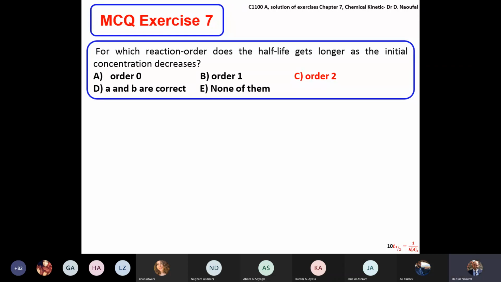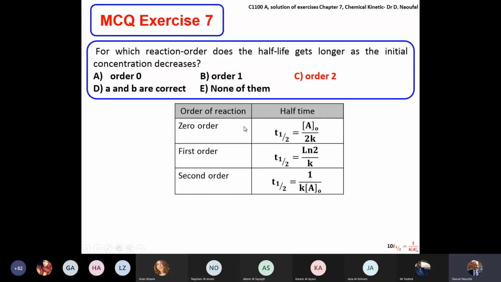And T-half is independent of the initial concentration when the total order of the reaction is 1. So in this table, for order 0, T-half is equal to A0 divided by 2K. For the first order, T-half equals ln 2 over K. For the second order, T-half equals 1 over K A0.